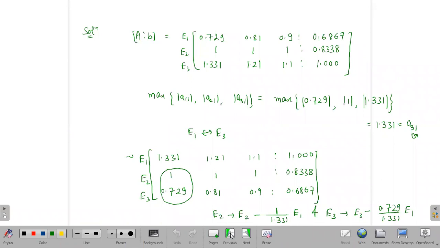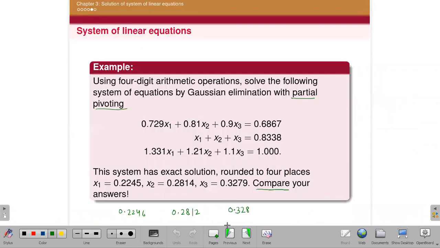So this is the procedure of partial pivoting. First, read your question carefully, then do it. If the question says 4-digit rounding, you have to maintain 4 digits, and pivoting, and Gauss elimination also. These 3 things you have to take care of.